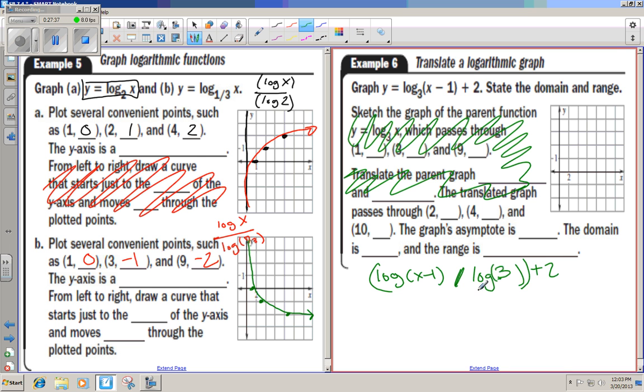You should be able to come up with some decent points, like (2, 2), (4, 3), and (10, 4), and plot those points.